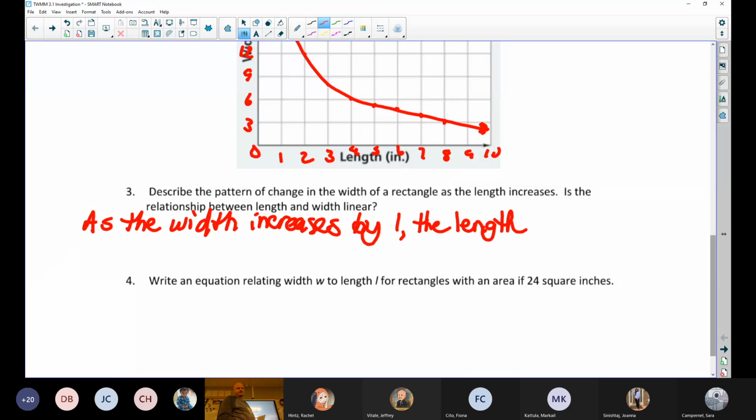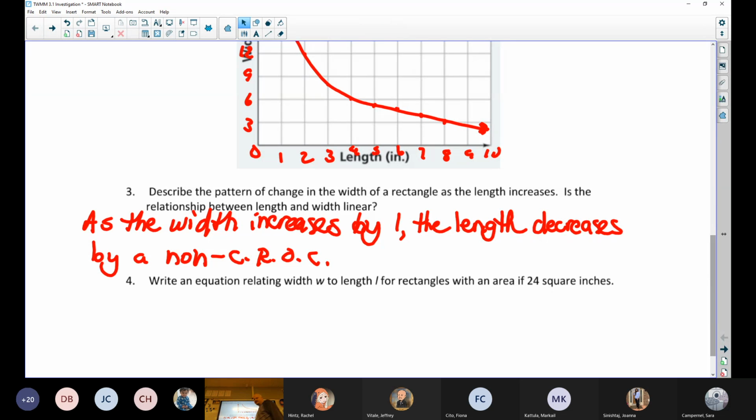What does the length do? Look at your table. Decreases. Okay, the length decreases. Does it decrease by a constant rate of change? No. It decreases by a non-constant rate of change.